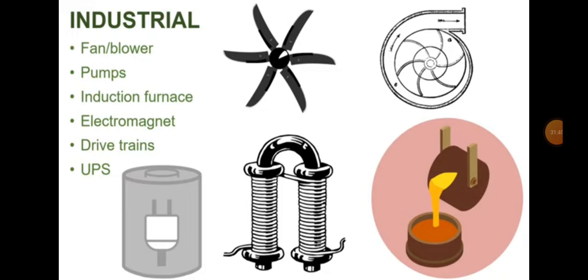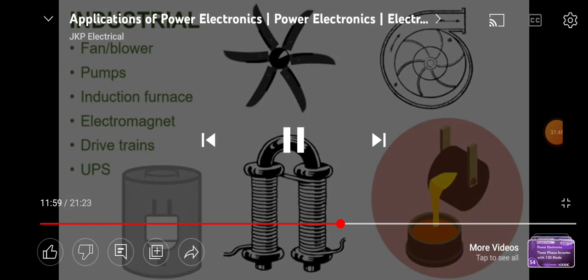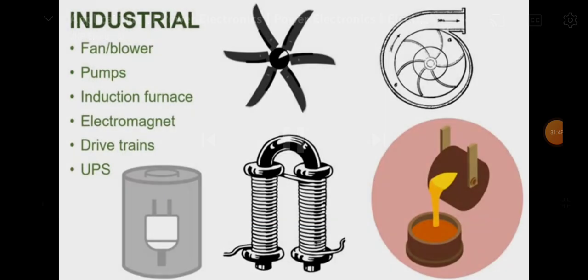So, for changing the speed of fan or pumps, we are using variable frequency drives which change the speed of the motor which is driving the pump or fan. In this way, with the help of power electronics, we are able to control the flow of a fluid without causing power loss.